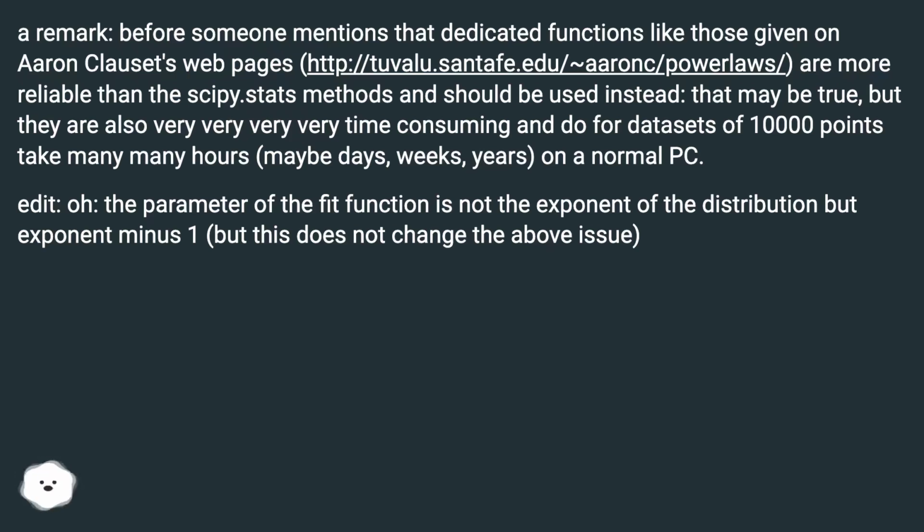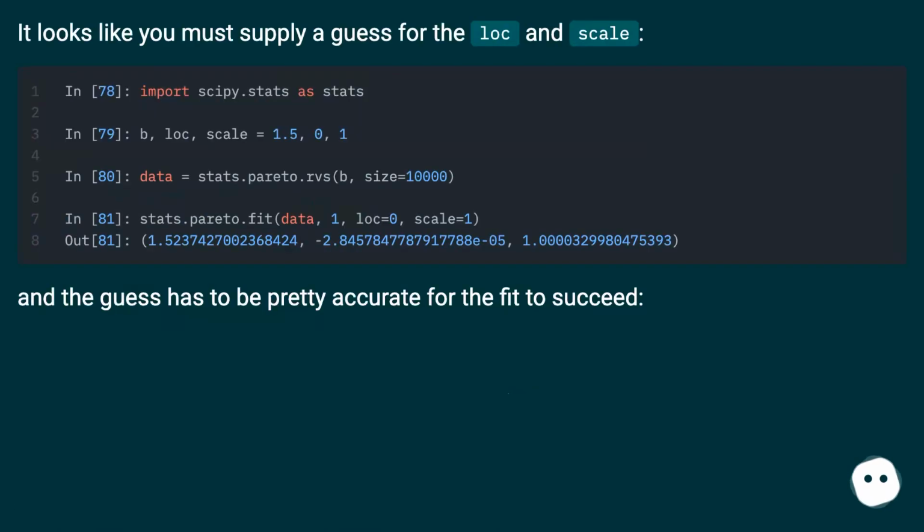Edit: oh, the parameter of the fit function is not the exponent of the distribution but exponent minus 1, but this does not change the above issue. It looks like you must supply a guess for the loc and scale, and the guess has to be pretty accurate for the fit to succeed.